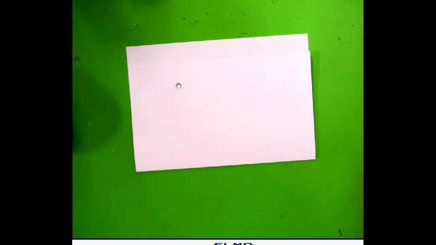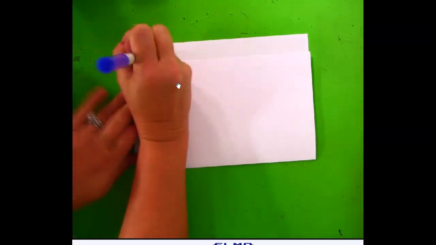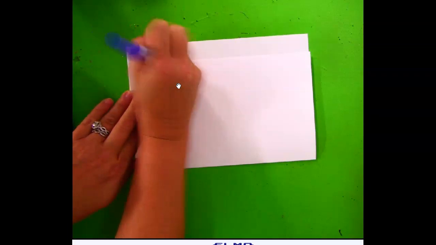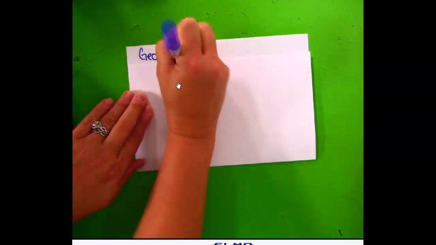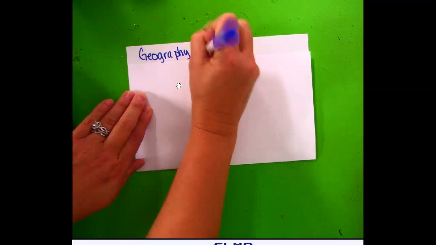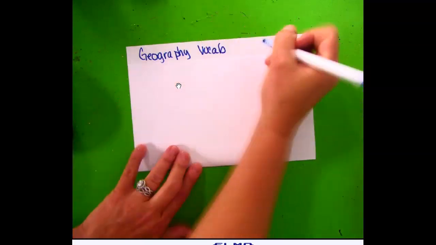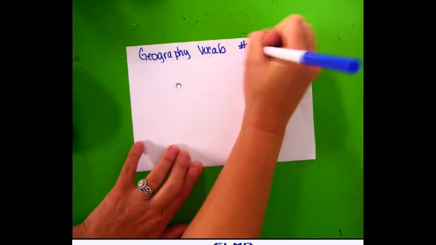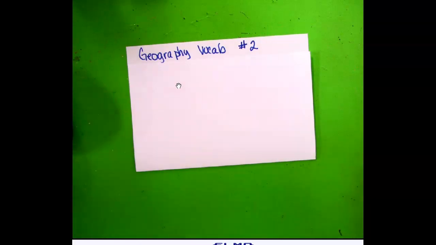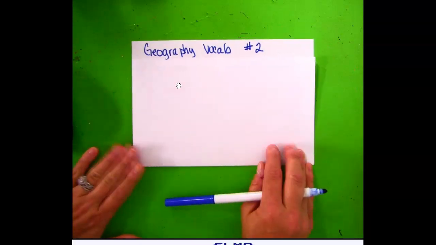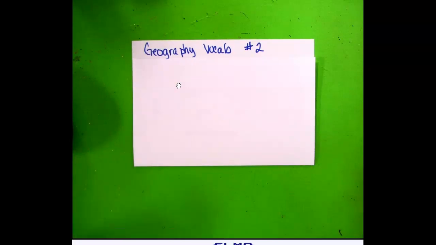I want to write down some geography vocab number 2, although I think the first one was actually vocabulary from maps, but that's okay. We're going to have 6.